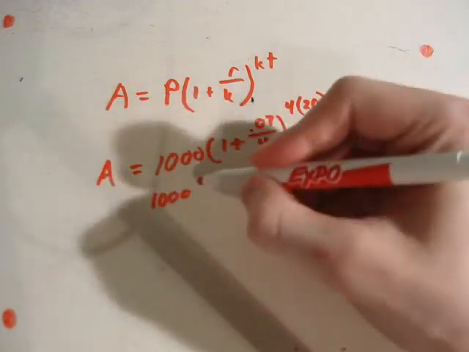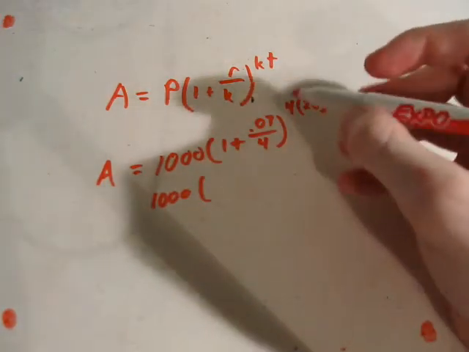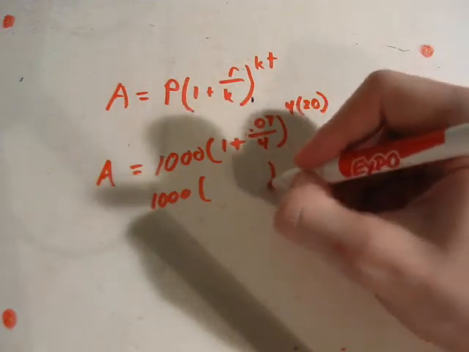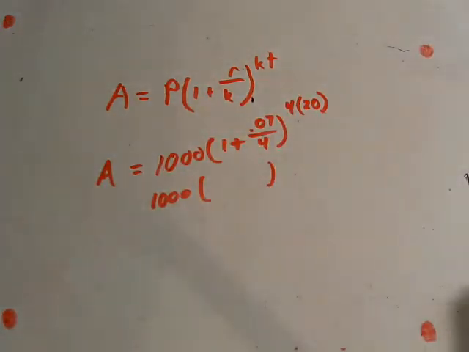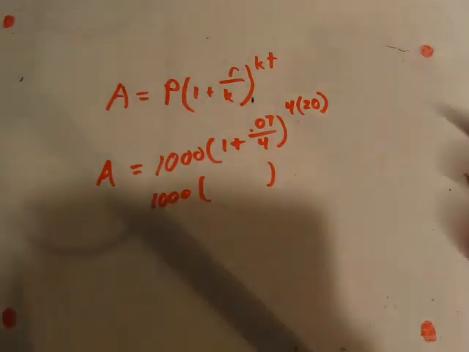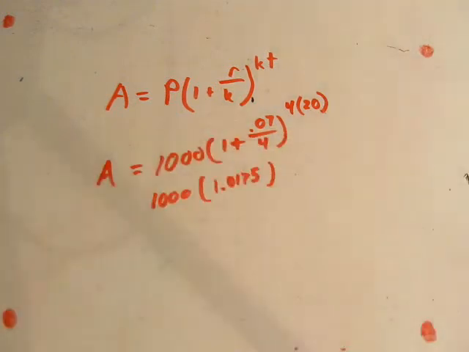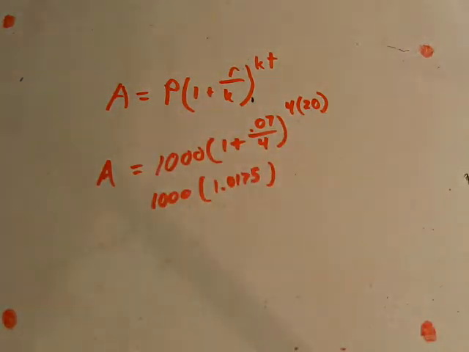Well, that's 1,000 times 1 plus the percentage 7 over 4, which is 1.0175, to the 1 times 20th power, or 4 times 20th power, or 80.